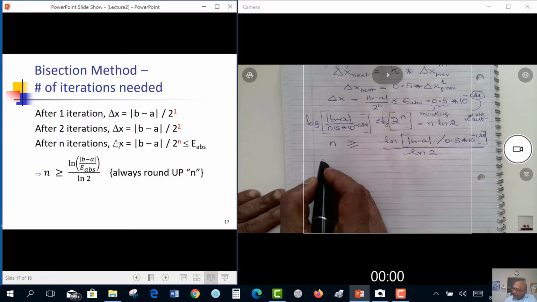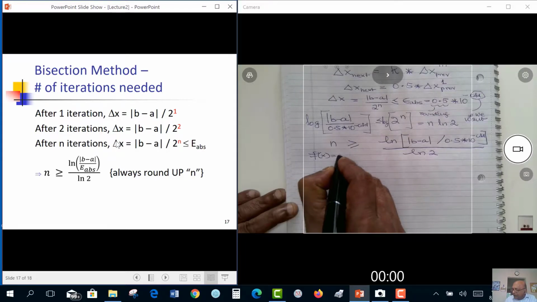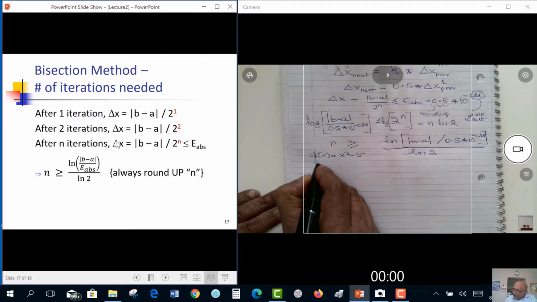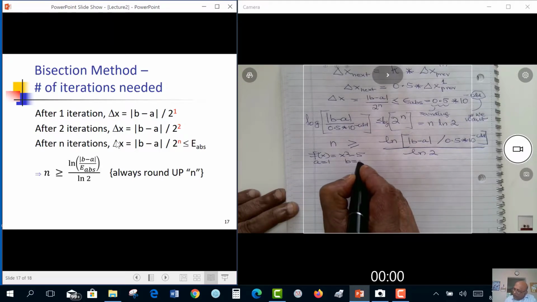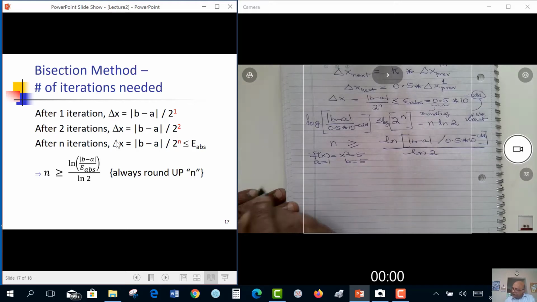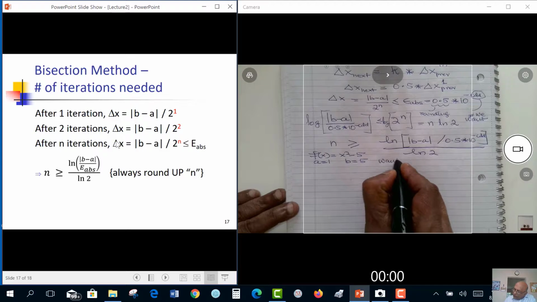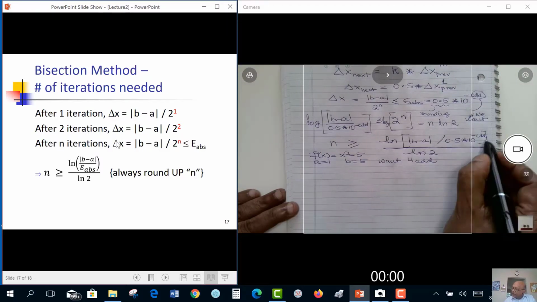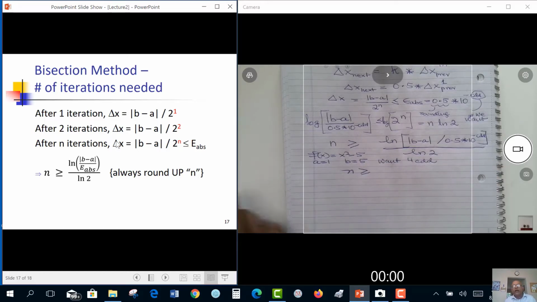So let's use it for our example. For our example, the function was x squared minus 5. Our initial guesses were that the root is between 1 and 5, so A is 1, B is 5. We wanted 4 correct decimal digits. So we substitute all this in our formula up here.